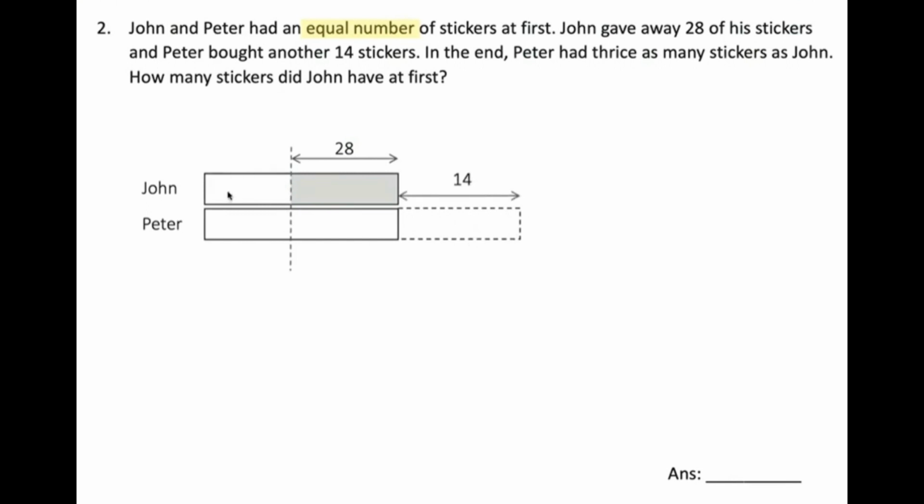Now, John is 1 unit, right? Remember? And Peter will be 3 units. Indicate in the diagram 3 units. Don't just leave it empty. You will notice I put the 3 units outside the box. Do not do this. Do not put the 3 units here. I know some people put the 3 units here.